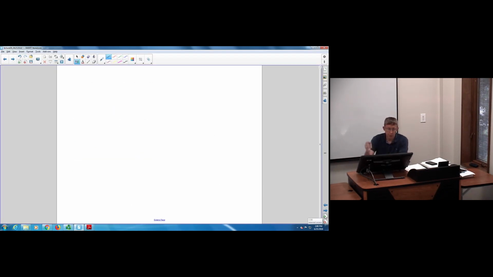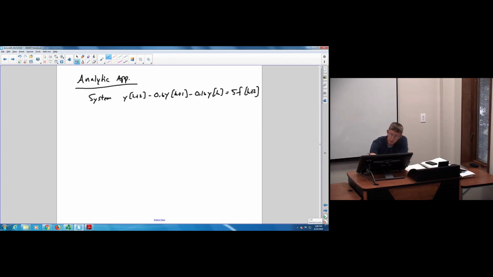So, analytic approach. Here's your system. It is described as y[k+2] minus 0.6 y[k+1] minus 0.16 y[k] equals 5f[k]. Should look familiar. This is one from your textbook that we worked a while ago.